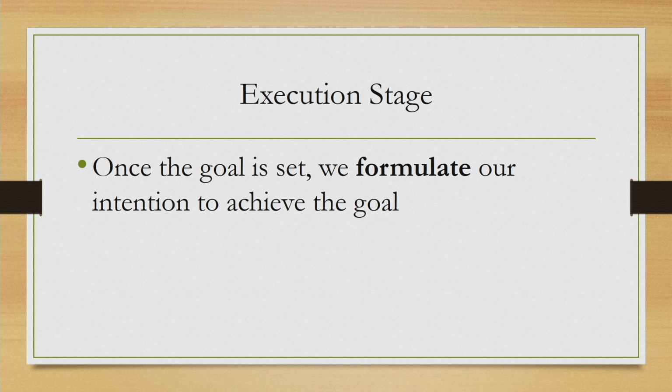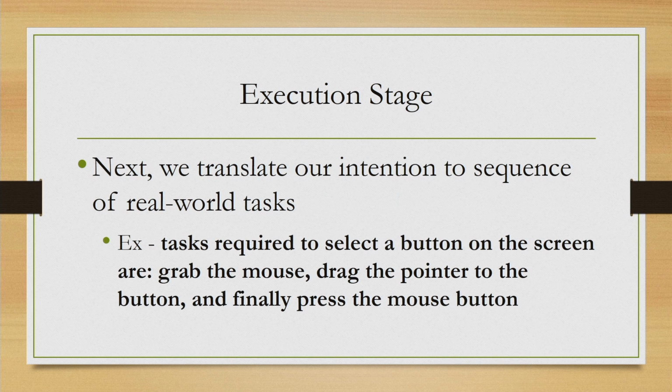Once that intention is formulated, we translate our intentions into actions or a sequence of actions that are supported by the system. So, for example, in order to select a button, what are the actions we need to do on the screen?